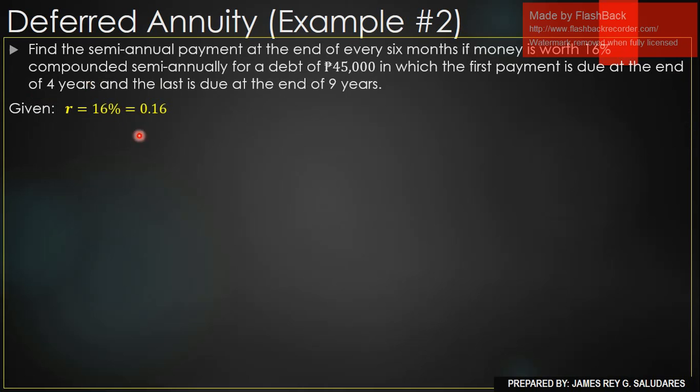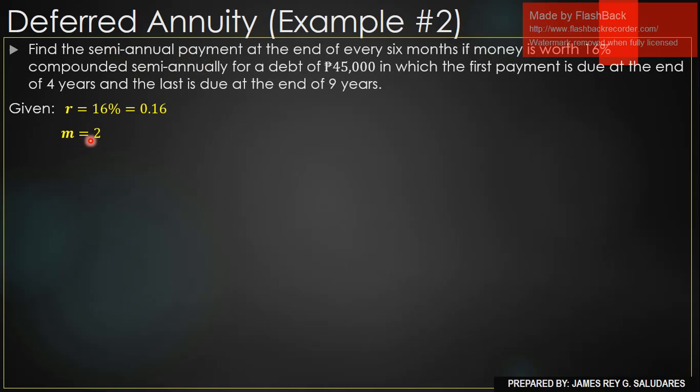Okay, let's write all the given. Your rate is 16%, which is equal to 0.16. How did we get 0.16? Divide 16 by 100 and cancel out the percent. Your M is 2 since your periodic payment is semi-annual.